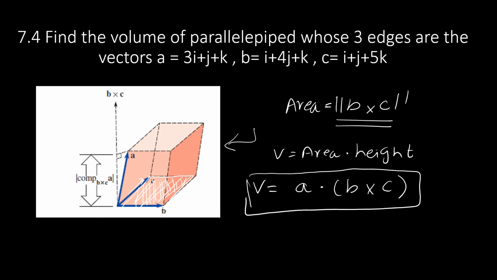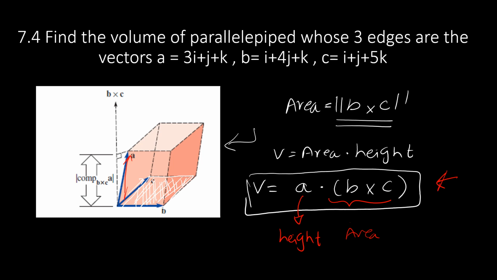If you want to visualize it, this A is the height, and B cross C is the base, the area of the base. So area times height gives us the volume. Just remember this formula.